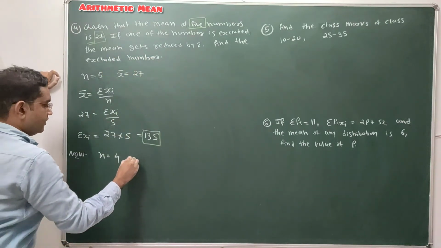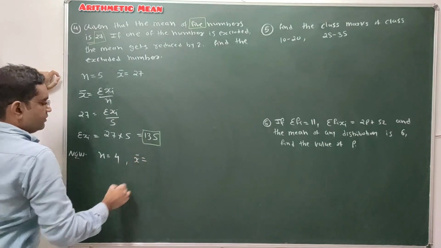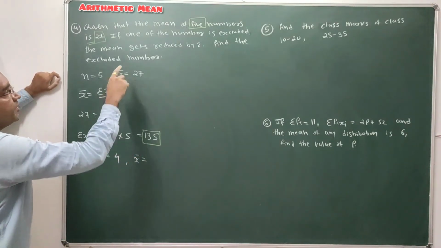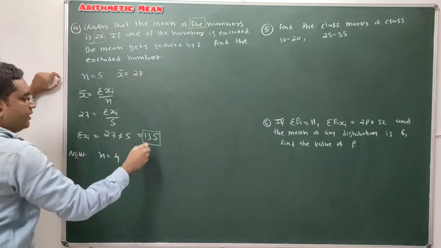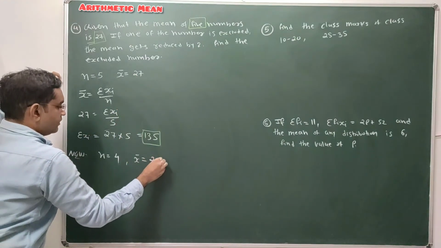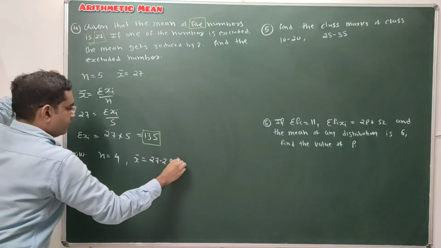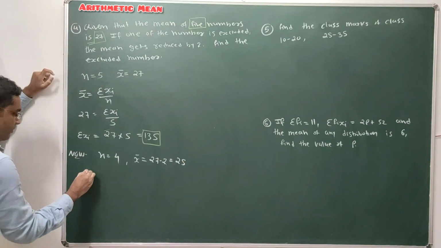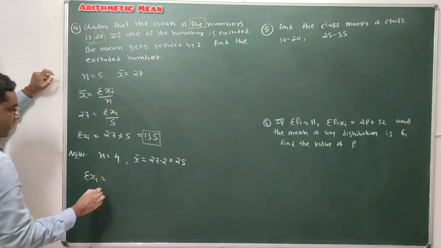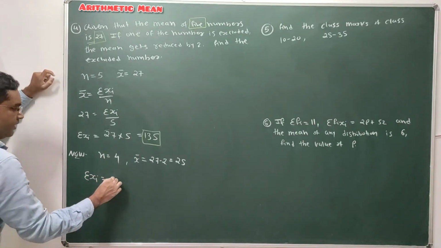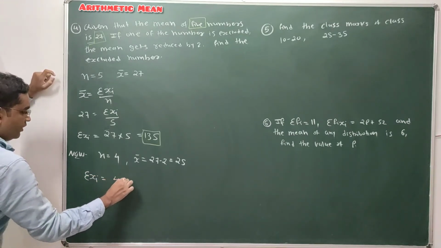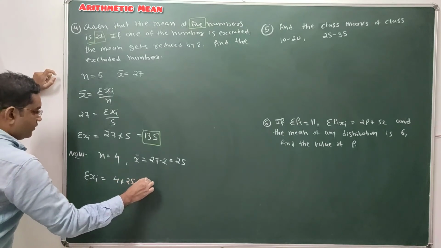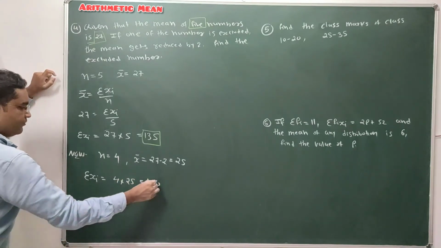So the new mean is: the original mean is 27, that is reduced by 2, so now our mean is 25. Done. So here the sum of observations can be written as sigma xi equals x bar into n, that is 4 into 25. So now the sum of observations is 100 only.